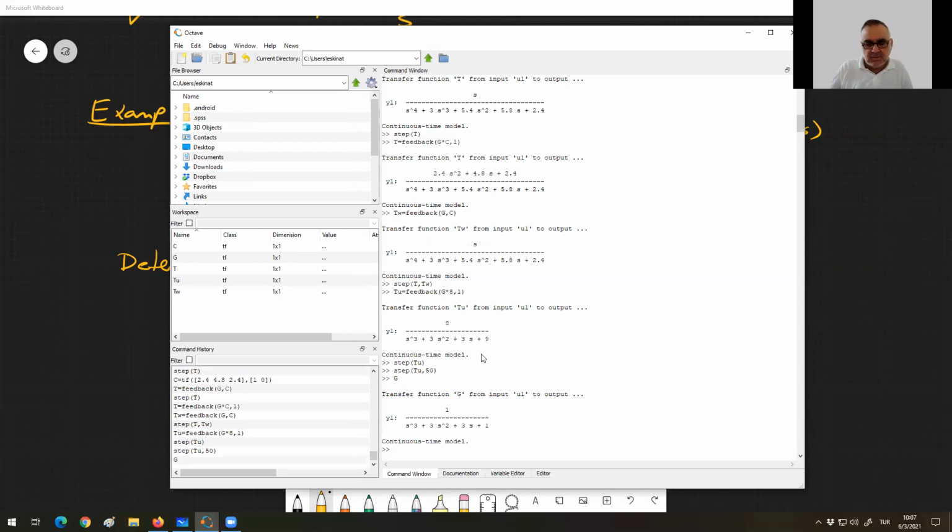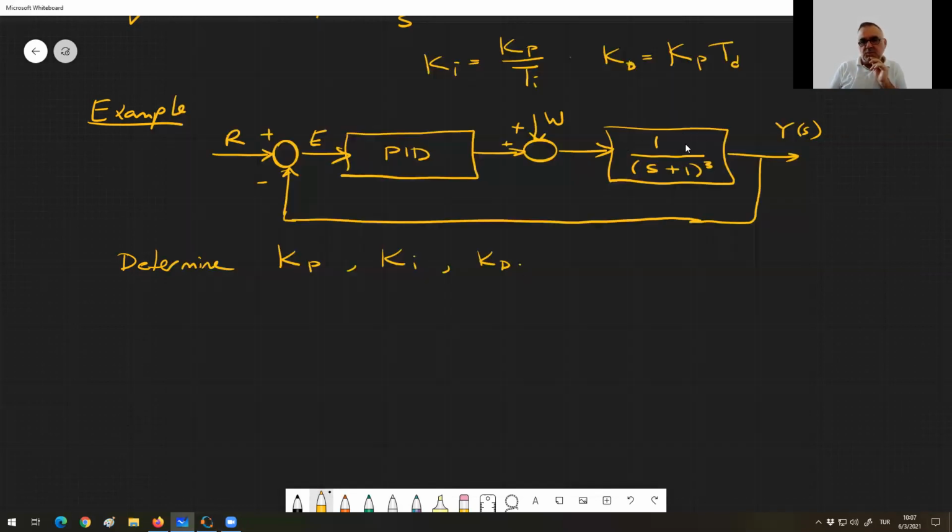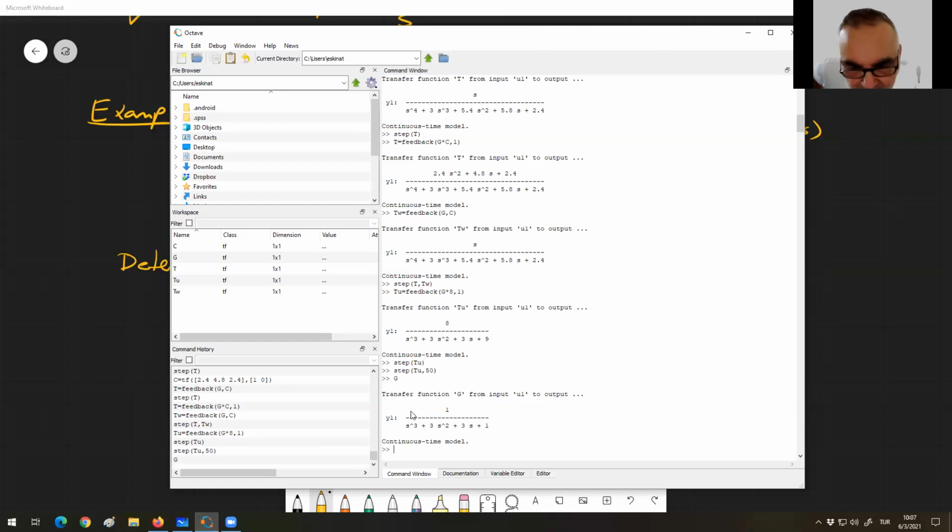So G is the system transfer function, which is 1 over (s plus 1) cubed, as you see. s cubed plus 3s squared plus 3s plus 1 is G. Now for PID, we first start with the controller which is only of P type.